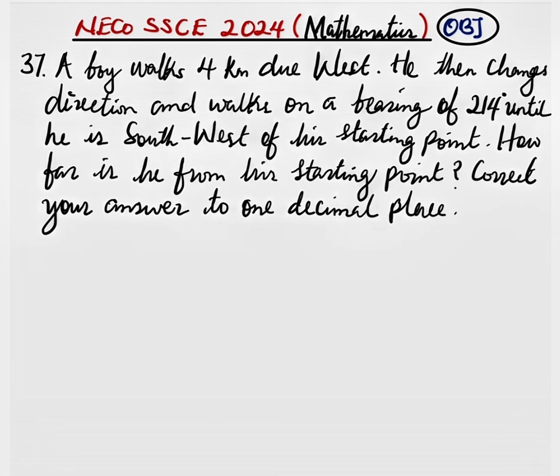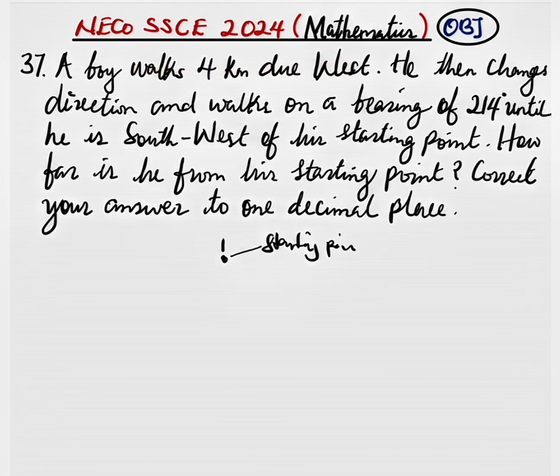So let us illustrate this with a diagram. Assuming this is the boy's starting point. We're told that he walks 4 kilometers due west.